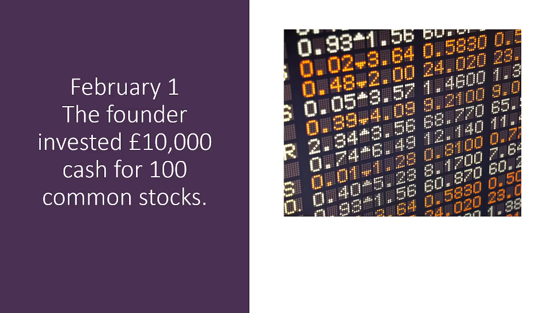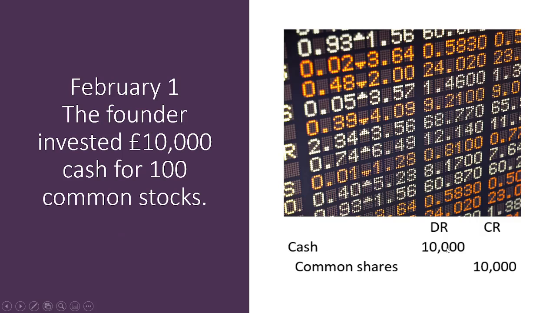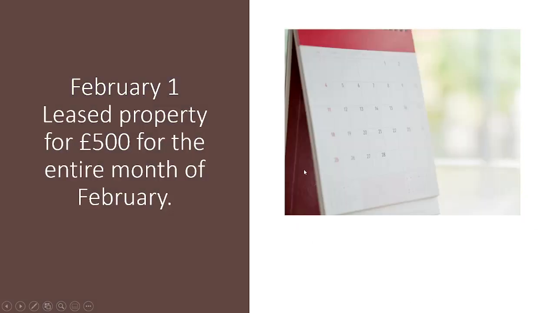So of course we will debit cash, and we will credit the common stocks then. As you can see here, we have cash for 10,000 as debit. It's written as DR, and common shares CR. You see here credit 10,000. So that's our first journal entry. Let's go to the next one.